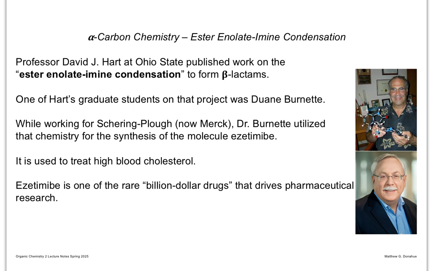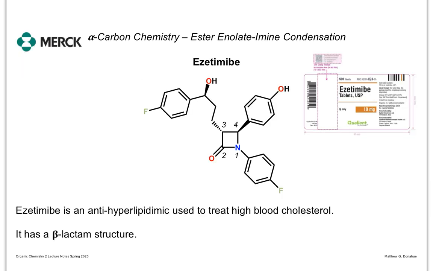So this is an application of sort of what you've learned to a molecule that can treat, maybe we'll call it a lifestyle sort of disease, when you get high blood cholesterol. So that's the structure. And so if we look at it, these carbons I have numbered, that 4-carbon ring.